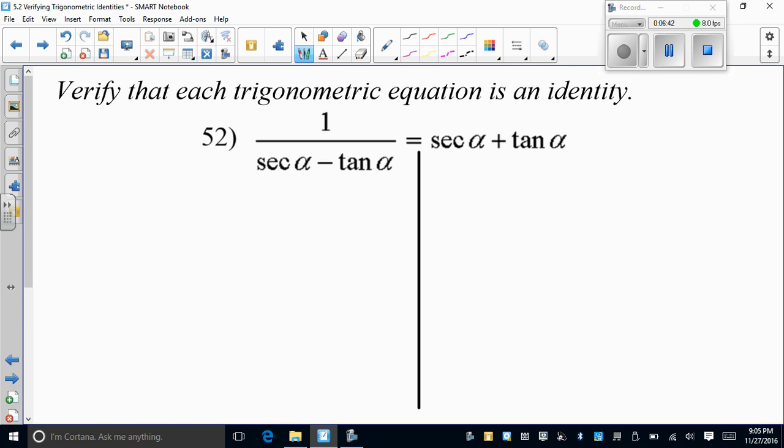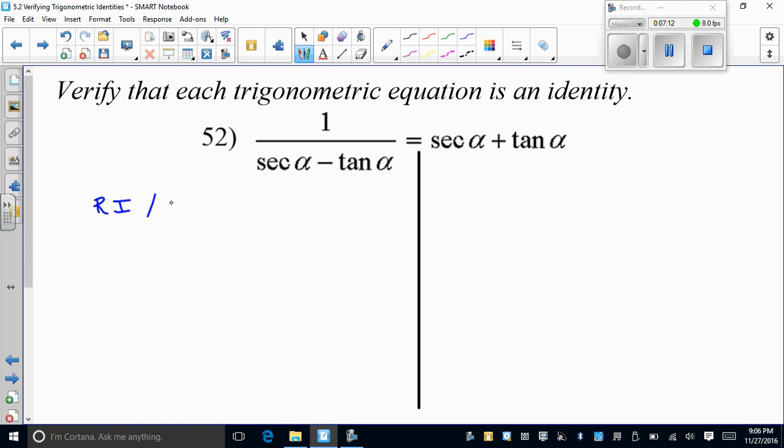So on this one here, I'm going to change secant and tangent to sine and cosine. I'm going to be using the reciprocal identity, and then I'm going to use the quotient identity.